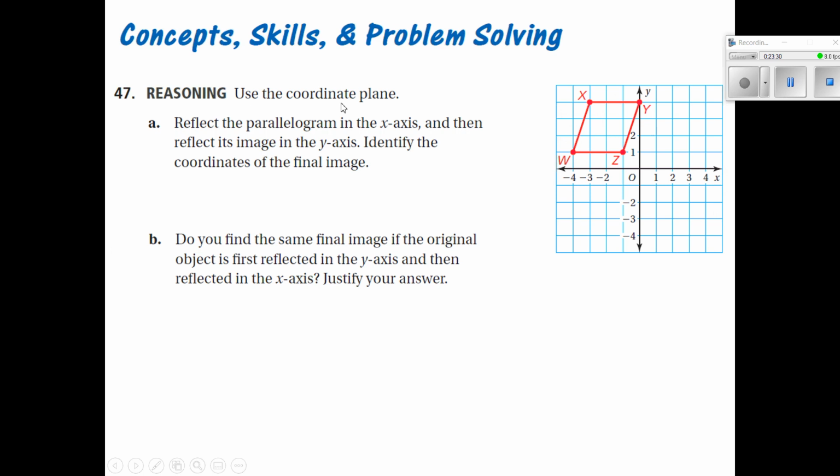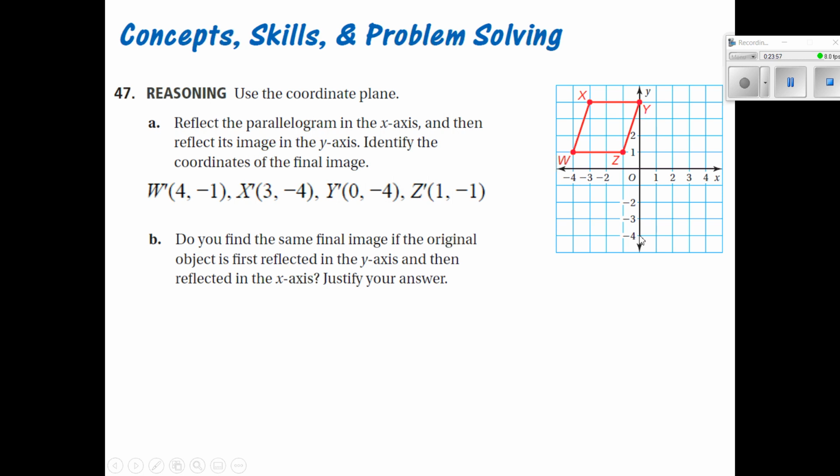47 says use the coordinate plane, reflect the parallelogram in the x-axis, so over here, across the x, and then reflect its image in the y-axis. So then we're going to reflect it over here. Identify the coordinates of the final image. So when I reflect this down here, remember Z is going to be here, Y is going to be 1, 2, 3, 4 way over here.